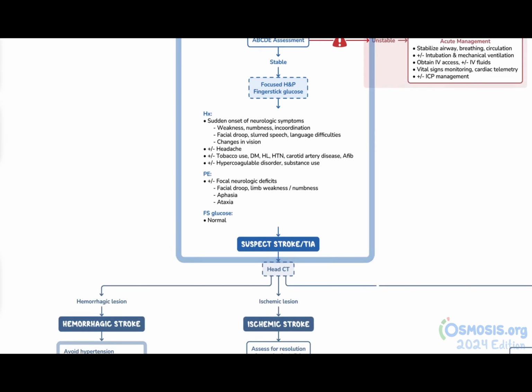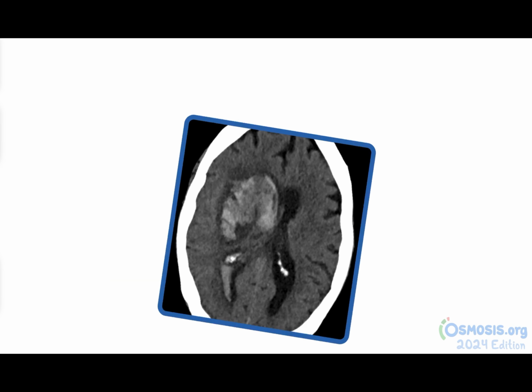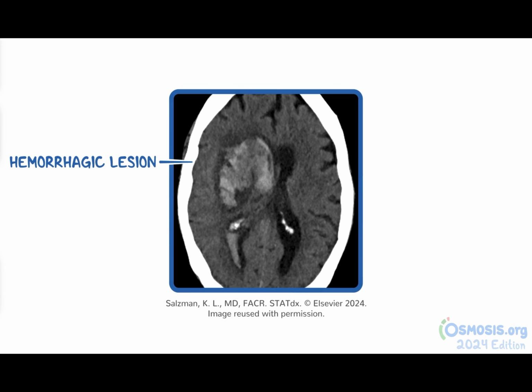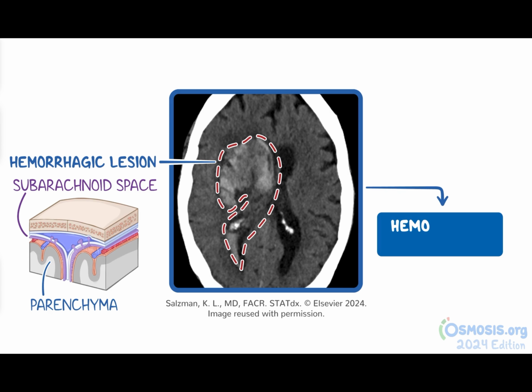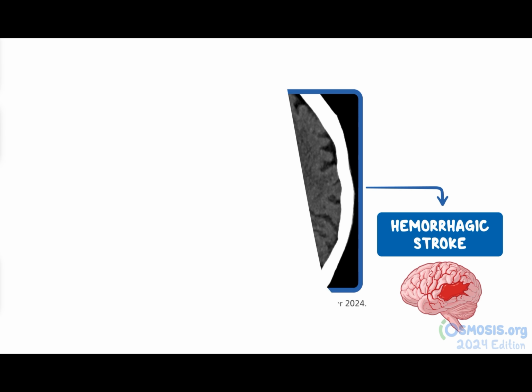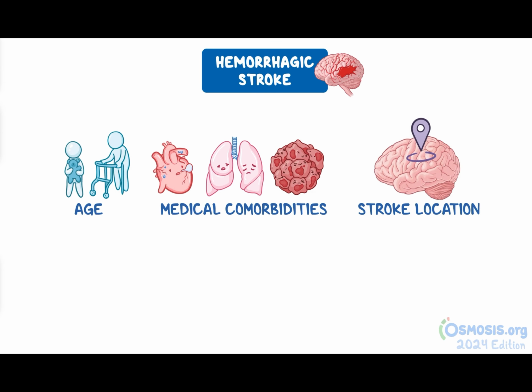Let's first look at hemorrhagic and ischemic strokes. If you identify a hemorrhagic lesion, which could be either in the brain parenchyma or in the subarachnoid space, diagnose hemorrhagic stroke. Hemorrhagic stroke can occur due to different causes, so be sure to consider the patient's age, medical comorbidities, and stroke location.